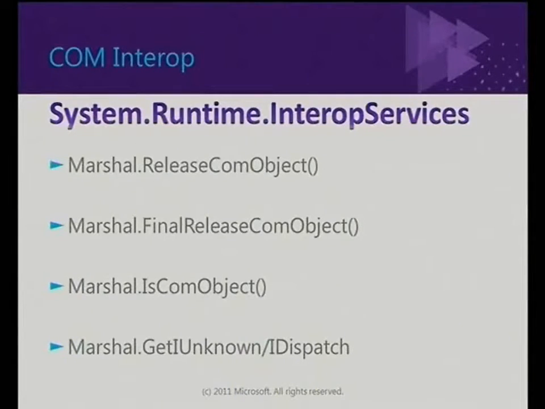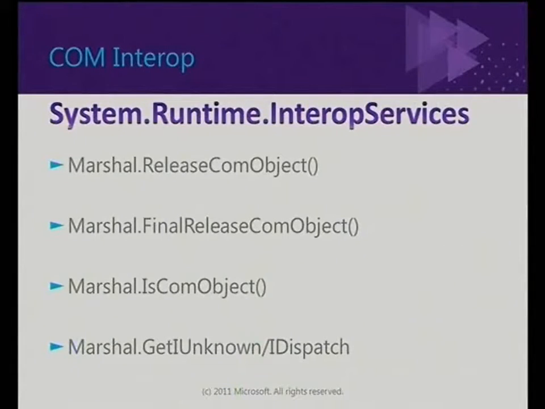The problem with that is if you try to call that on a .NET implementation of an interface, the framework will blow up. So in early builds of 2010, you just got random crashes all the time. A lot of those were due to the code internally trying to release a COM object that was actually a .NET implementation.